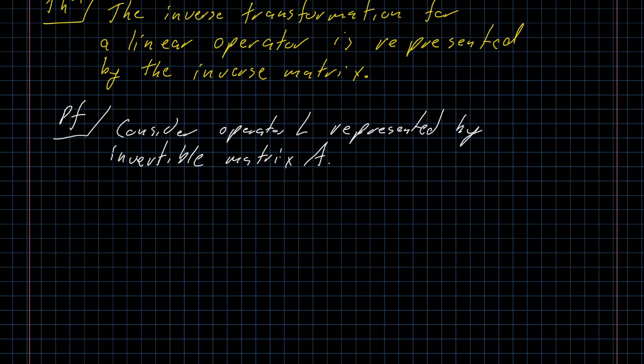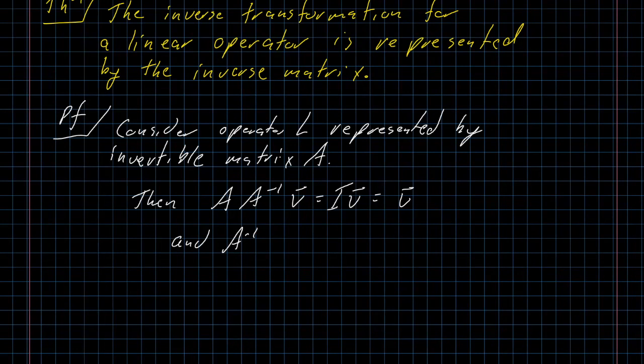Consider operator L represented by invertible matrix A. Well, the definition of the inverse matrix, A times A inverse is the identity matrix I, and I times anything is that thing.